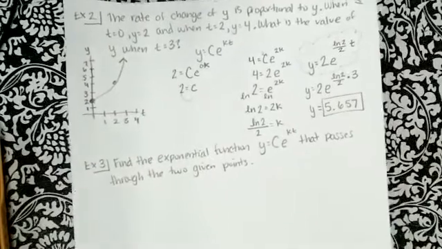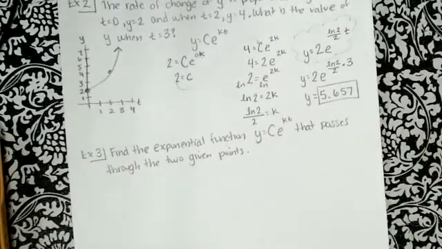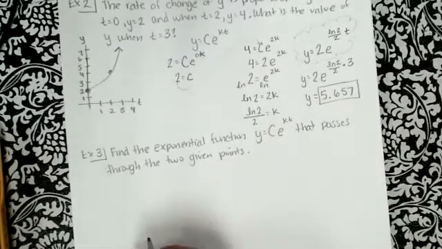So this one is very similar. Here, I just want the equation. So find the exponential function y equals c e to the kt that passes through the given points.